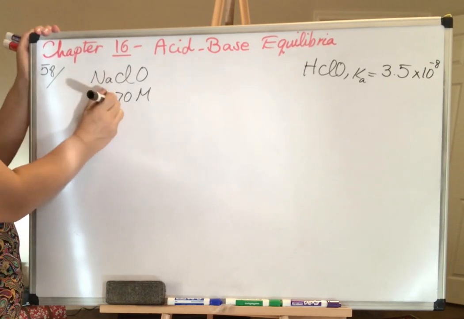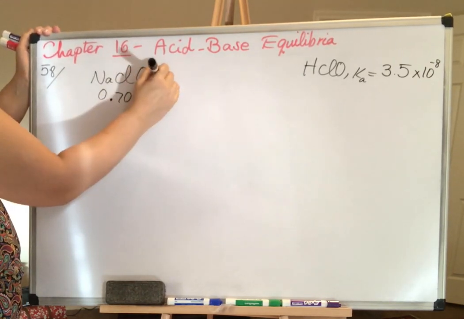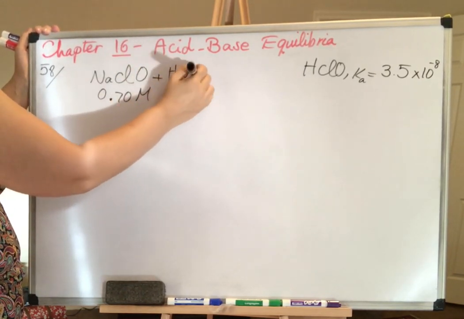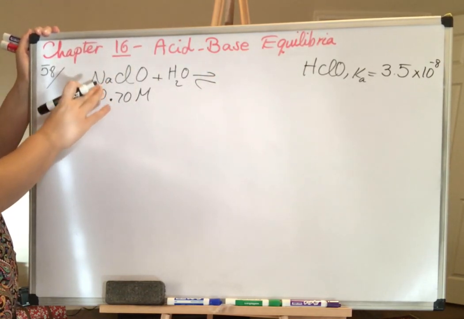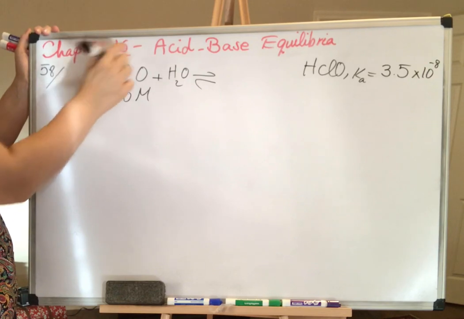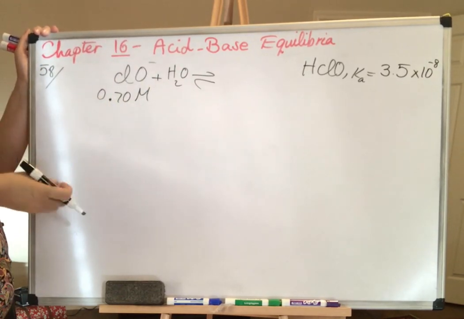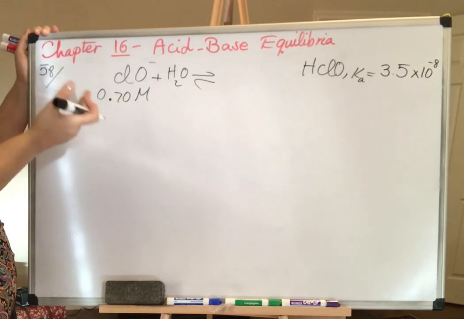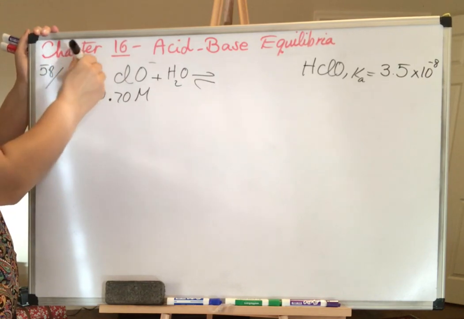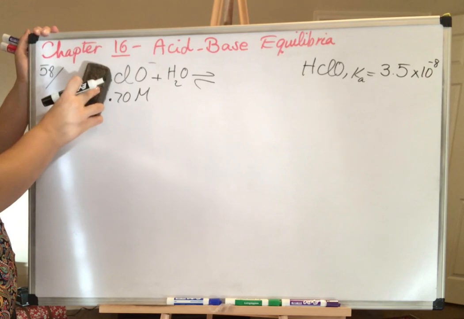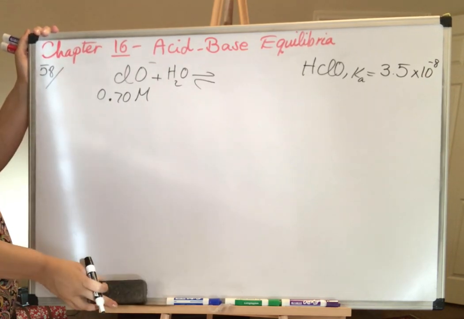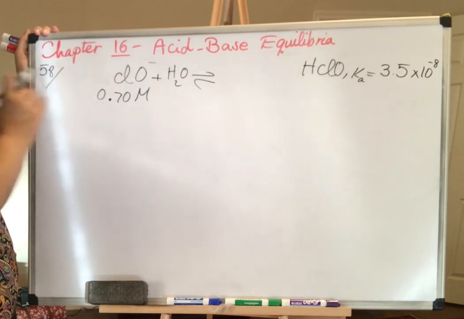When you have NaClO, you add it to water as usual. On the PowerPoint slides, you see ClO negative, because you don't need the positive Na. We don't want you to be confused and you just need the anion, so eliminate the Na.